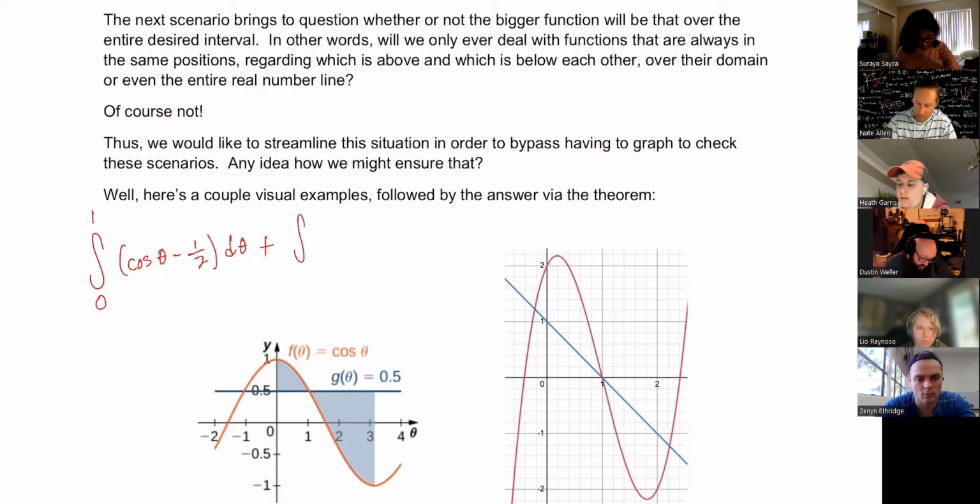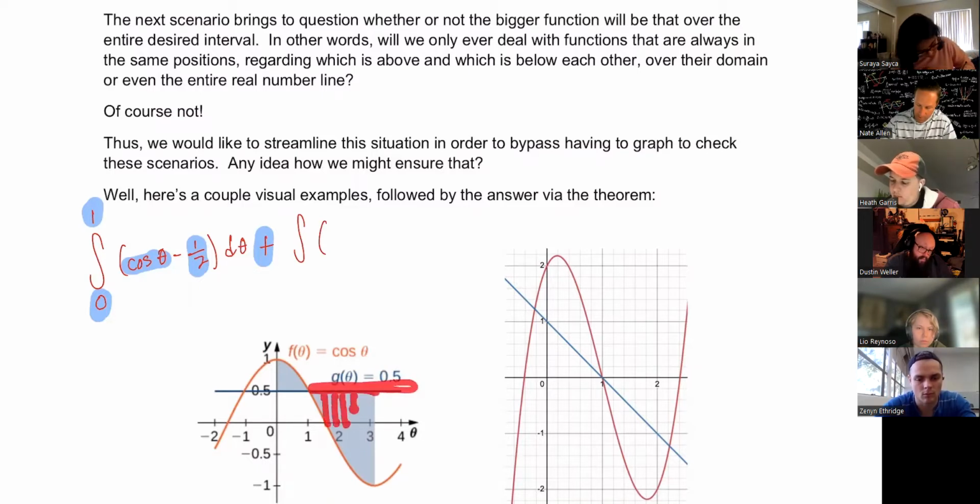We would have to split it up and add two separate integrals. One from 0 to 1, where it's this minus that, which they're just telling you is up at a half, our y value for each of these. All right, cosine theta and my other one, g theta. But then the other one, it's flip-flopped. Now my upper one is this, that I would find the area under the curve, and then I'd subtract.